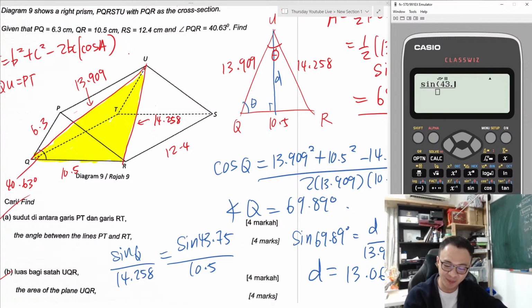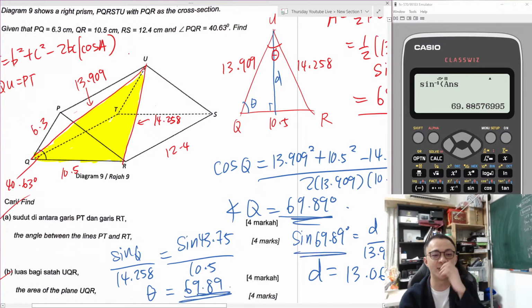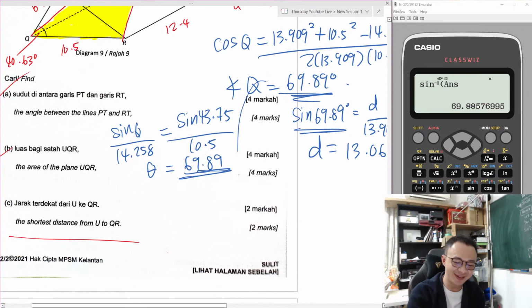Sine 43.75 over 14.258. I want to find theta, so I shift sine my answer. Yeah, I still get 69.89. We get the same angle, right? The sine rule is just less working here, but eventually you still get the same result. 10 marks, done.